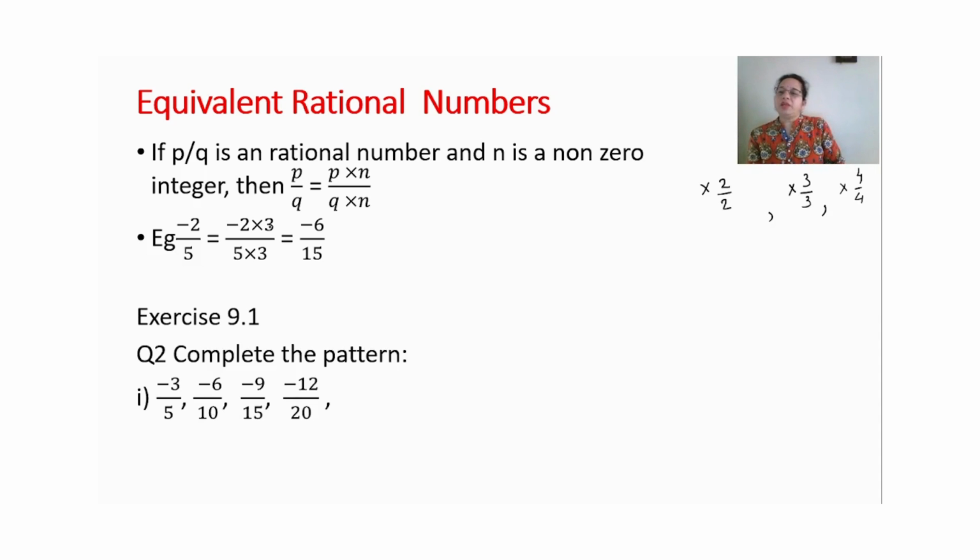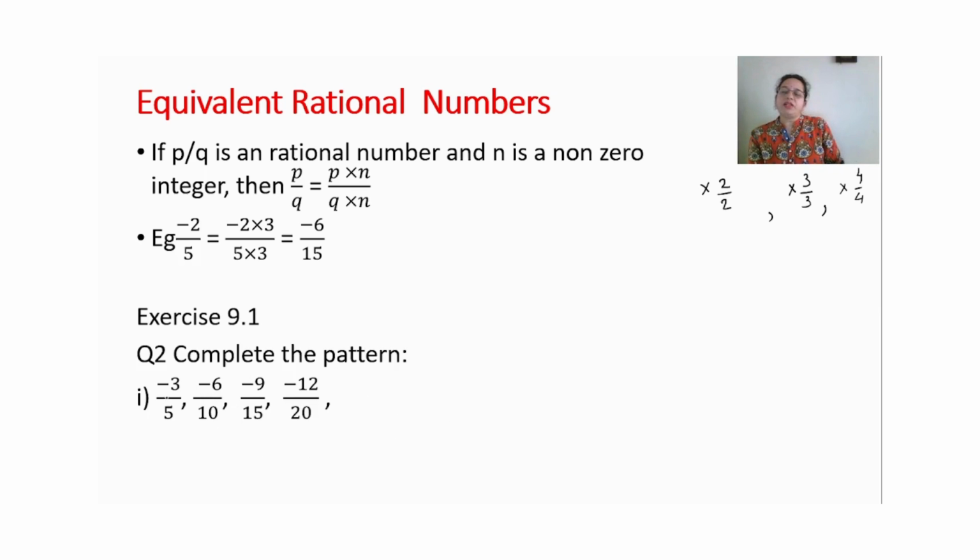Here we have multiplied by 3 upon 3, you can take 4 upon 4, you can take 5 upon 5. So all the rational numbers you are getting will be equivalent. Equivalent means equal.